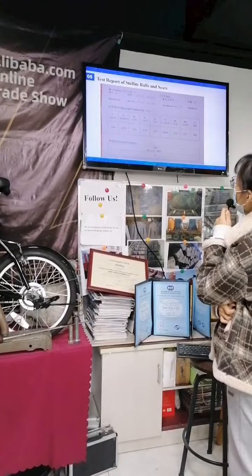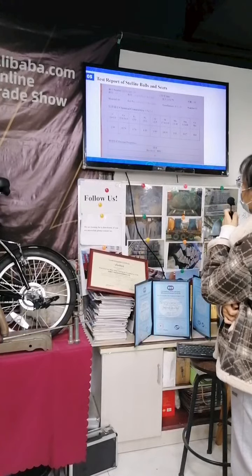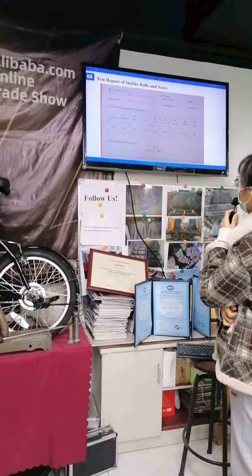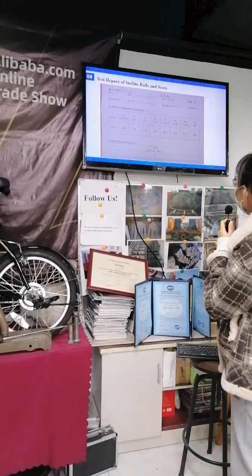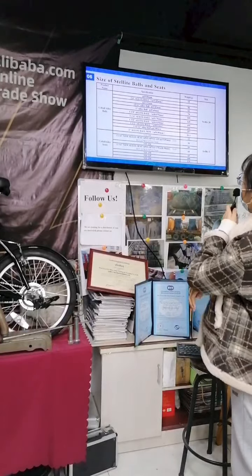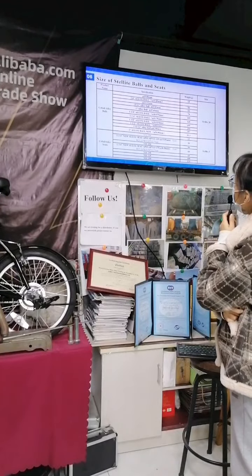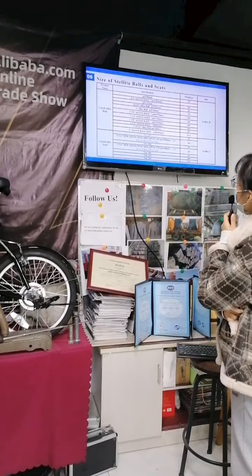The test report of stainless balls and seeds. This picture tells us the size of the stainless balls and seeds.